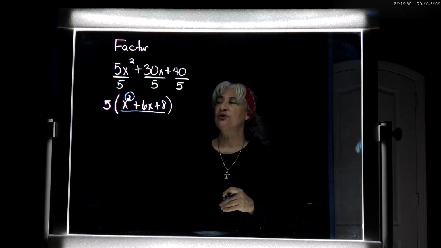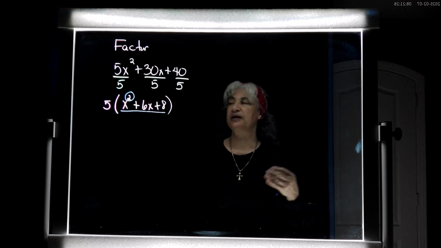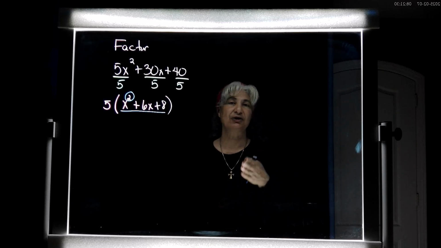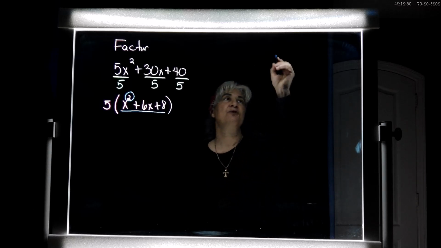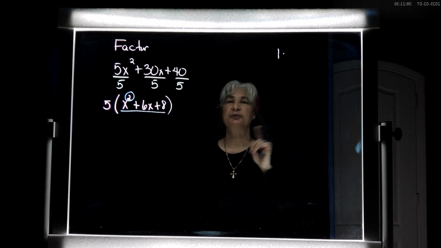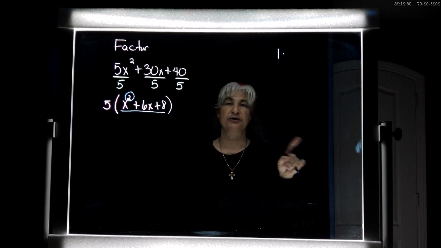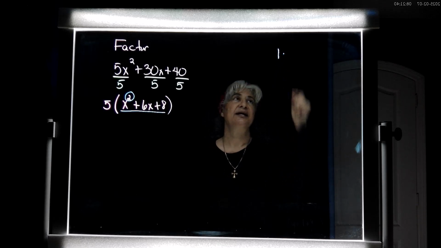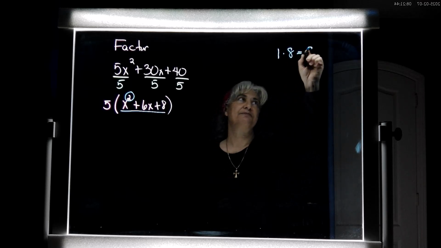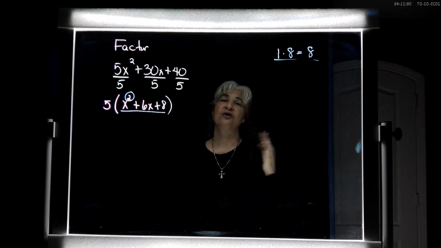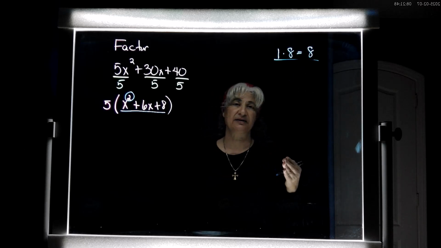All right, so here's the process. We have to remind ourselves. We take the lead coefficient, which is the number in front of x squared. What is it? 1. And we multiply it by the last number, the constant, which is 8. Okay, so 1 times 8 is 8. And now we find all the combinations that multiply to 8.